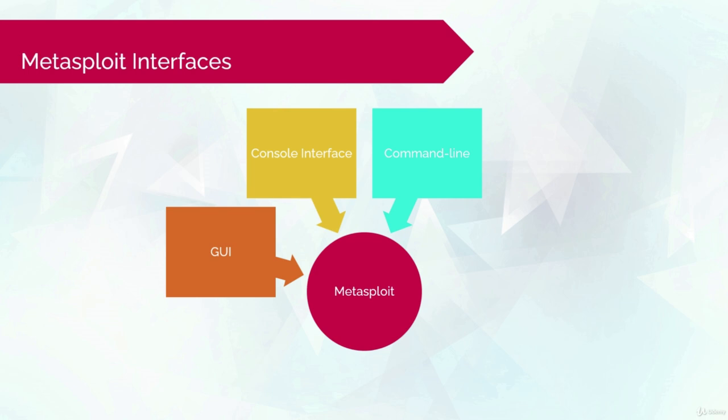So for those of you who want to benefit from MSF, but you really feel you need a GUI, hold on. The next one is for you. Armitage, by Raphael Mudge. It's a cool hacker-style GUI interface.